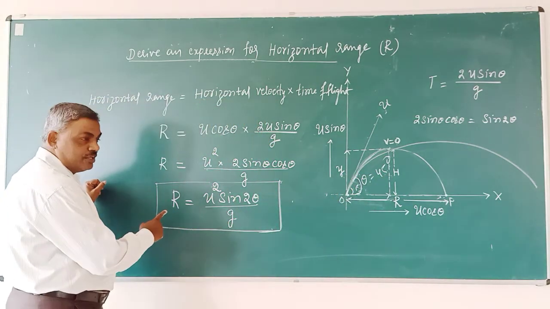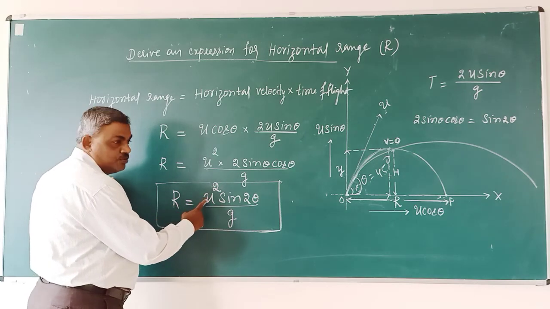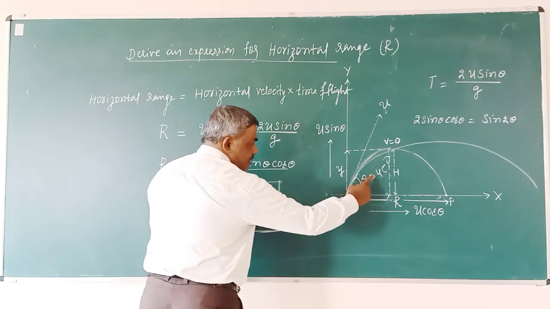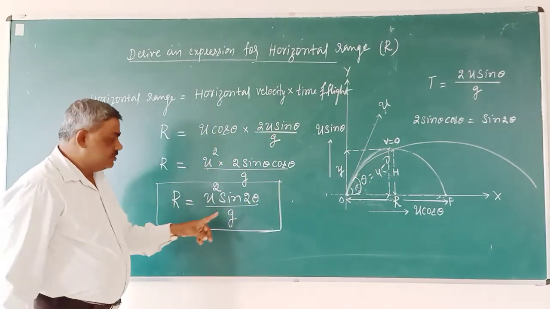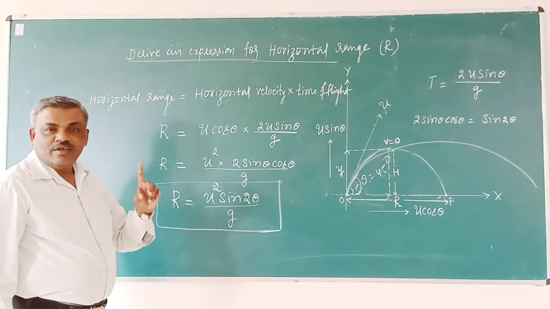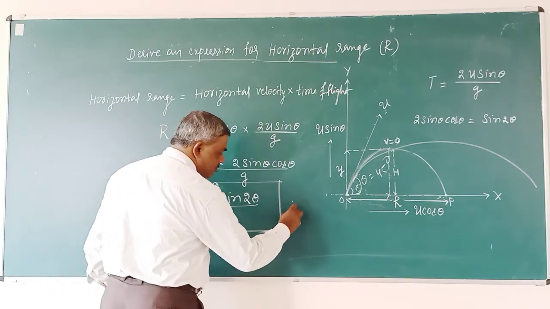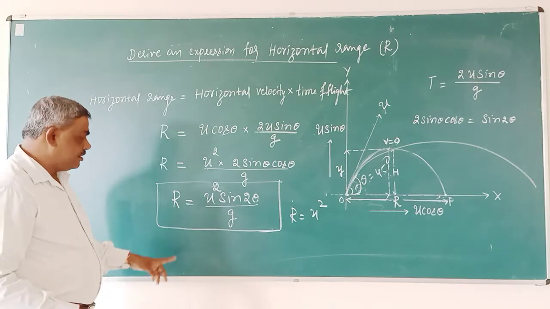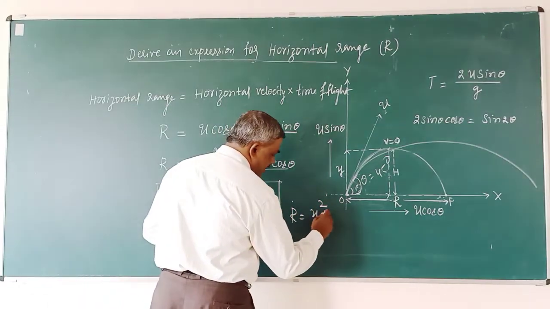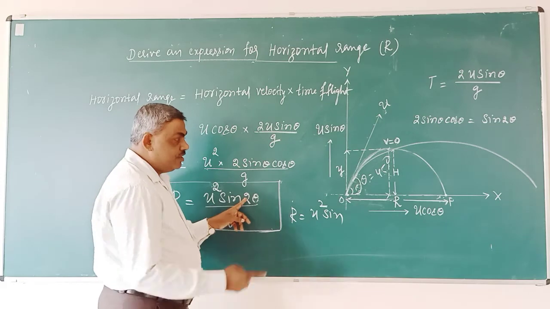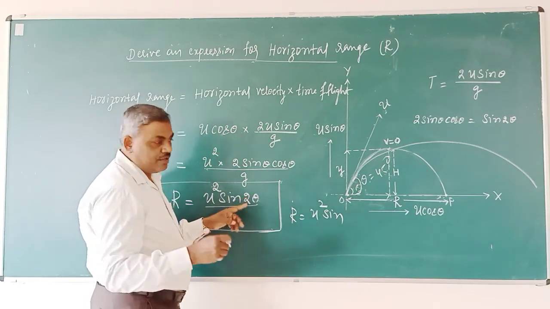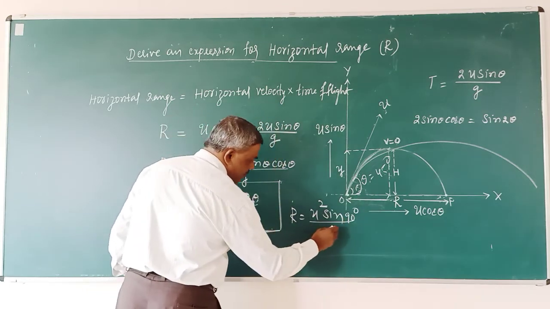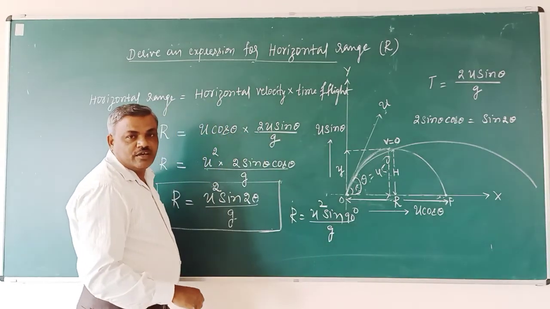Now look at the board here, students. R equals u square sin 2 theta by g. Now theta equals 45, so 2 into 45 is 90 degree. So R equals u square sin 90 degree divided by g. Sin 90 degree value is 1.